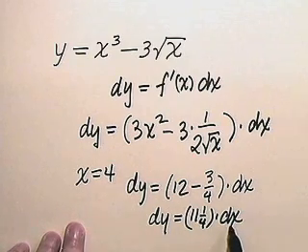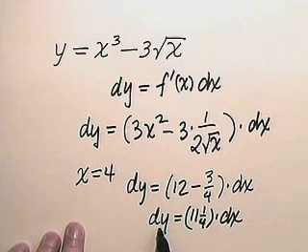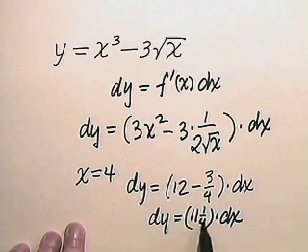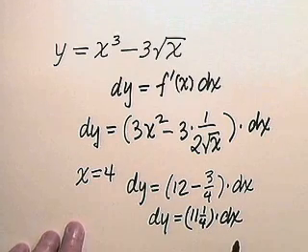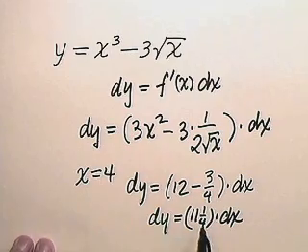If I increase the x by some little amount dx, then this corresponding change in y, we would think of as dy, that depends on the change in x dx, is 11 1/4 times dx, which of course is simply the result that the slope of the tangent line there is 11 1/4.